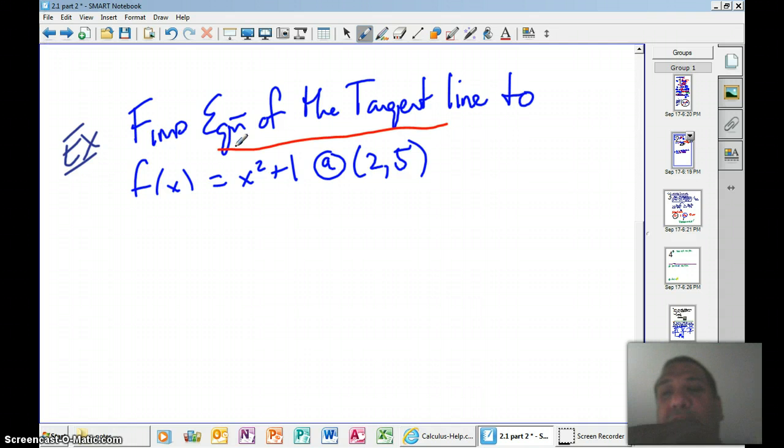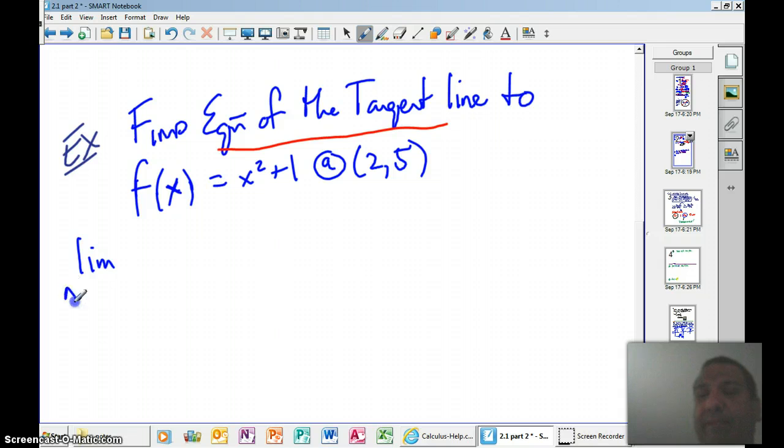Find the equation of a tangent line to f of x equals x squared plus 1 at the point 2, 5. So we're going to go through our definition. I think we've done this one before.